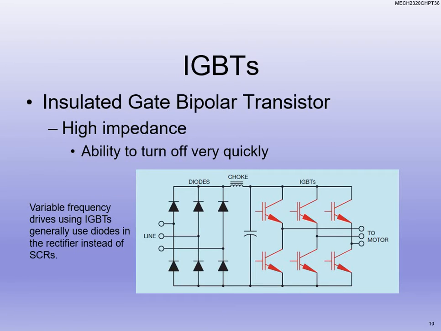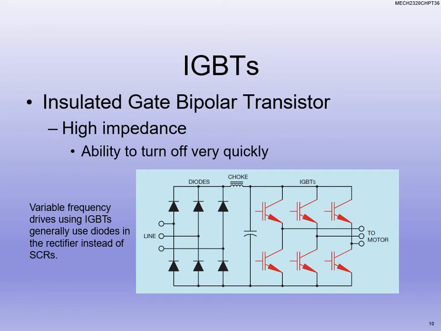All right, so to help with that saturation problem, we use IGBTs, insulated gate bipolar transistors. Those have a much higher impedance, and they have the ability to turn on and off quickly.